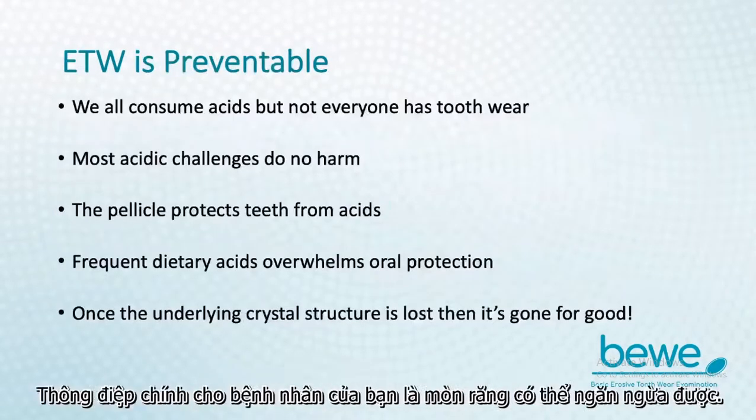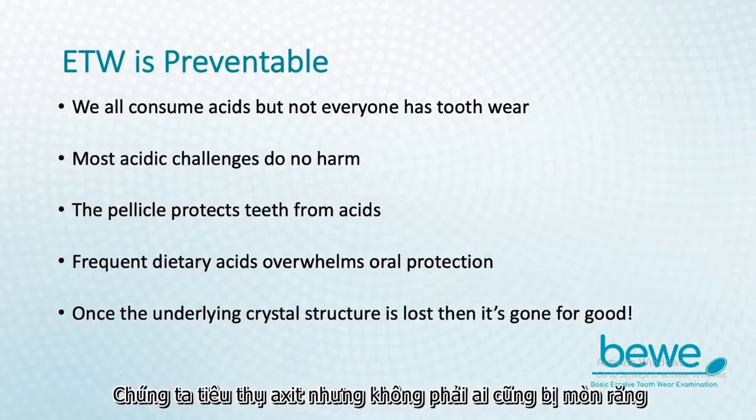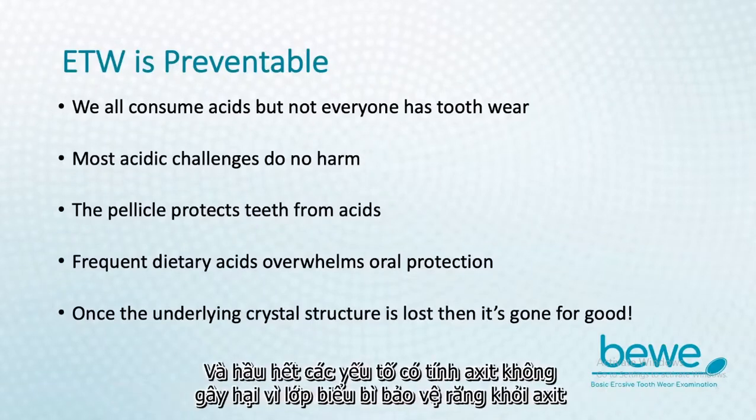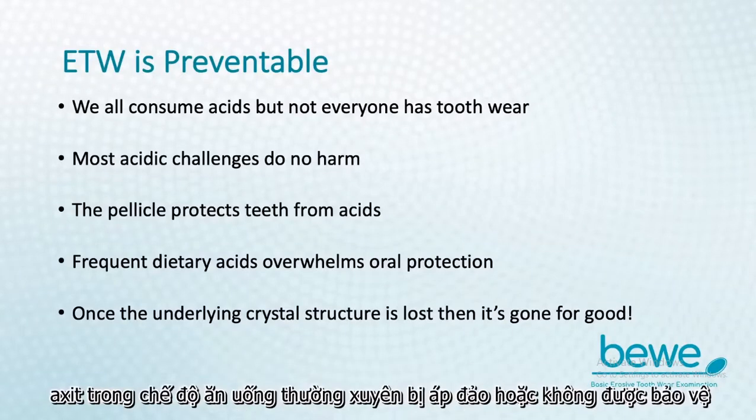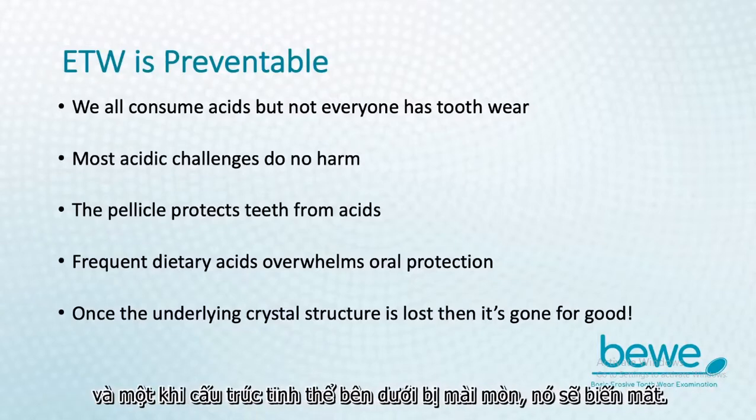The key message for your patients is that erosive toothwear is preventable. We consume acids, but not everyone has toothwear, and most acid challenges do no harm as the pellicle protects teeth from acids. Frequent dietary acids overwhelm oral protection, and once the underpinning crystal structure is worn away, it's gone for good.